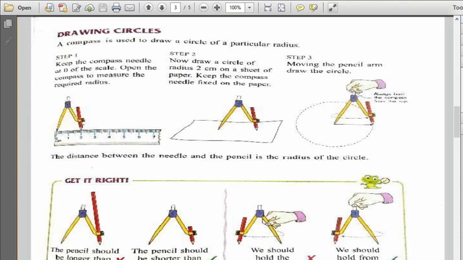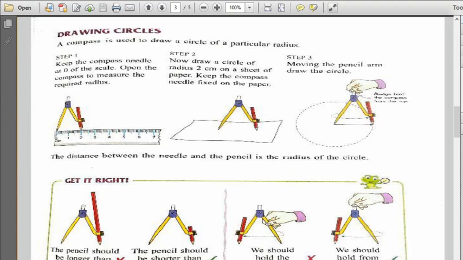Children, first you will fit the pencil inside the arm of the compass, okay? And then we will measure it. Now see all of you how we can measure it.